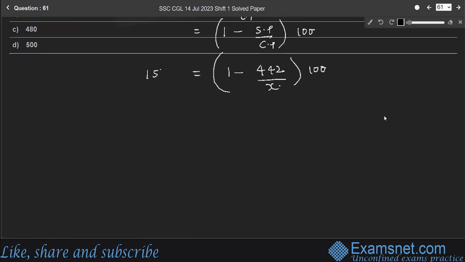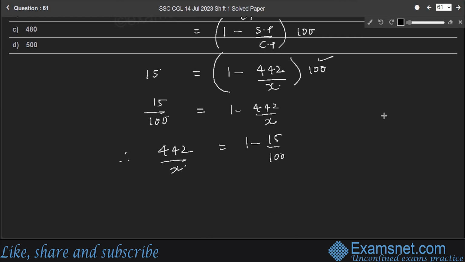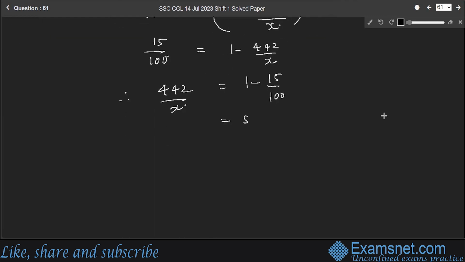Therefore, we'll take 15 by 100. We'll take this 100 to the LHS part, which is equal to 1 minus 442 by X. Therefore, we can take 442 by X to the LHS part, which is equal to 1 minus 15 by 100, which is nothing but 85 by 100, right?